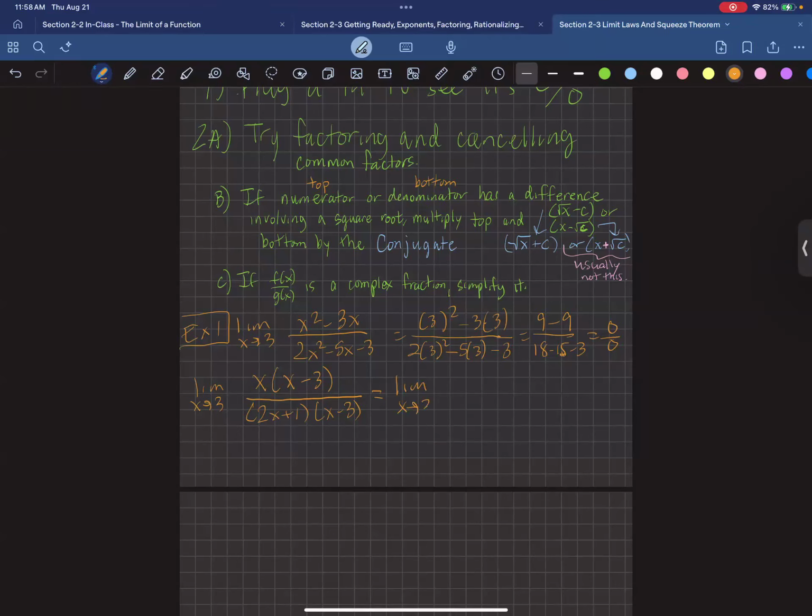And we get limit as x approaches 3 of x over 2x plus 1. And now if I plug in the numbers, I don't have a problem. I get 3/7. So it does actually approach a value. Okay.